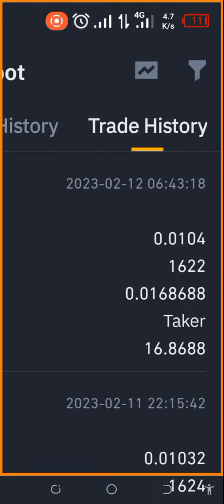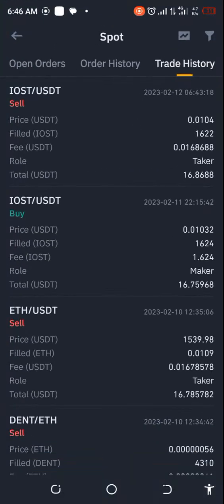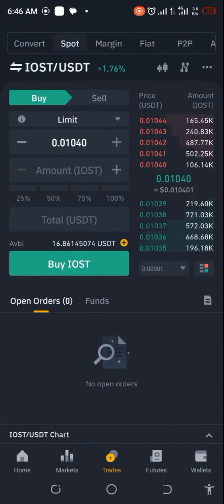It has been on queue for 8 hours, and it doesn't mean it would not have bounced back, but you can always check and make sure that whatever happens, you're still in profit. That's the most important thing.